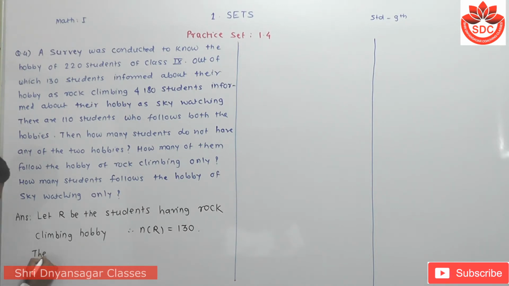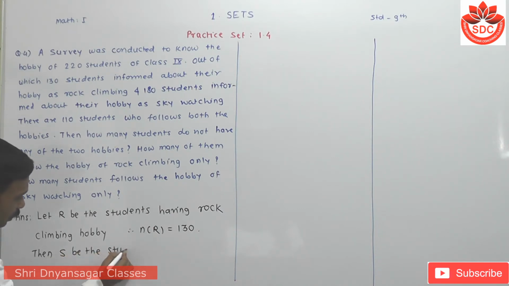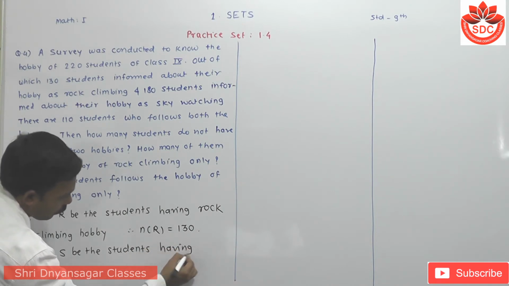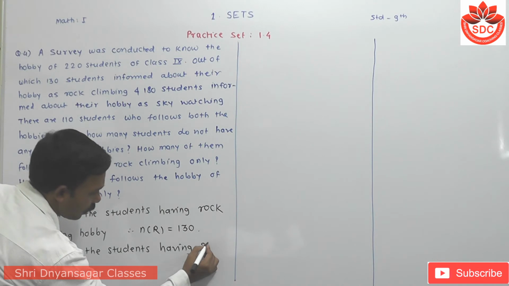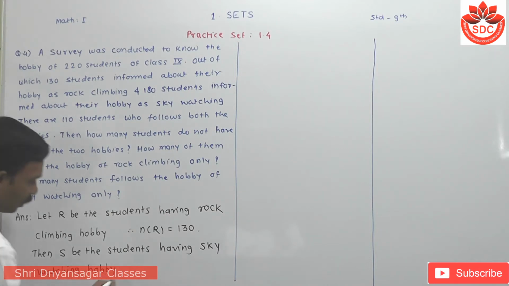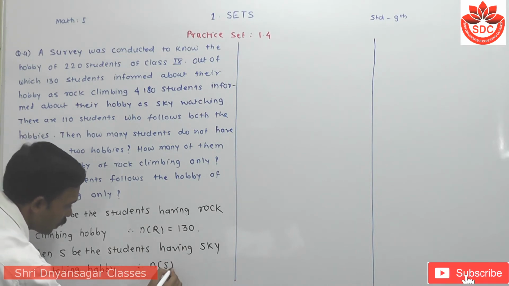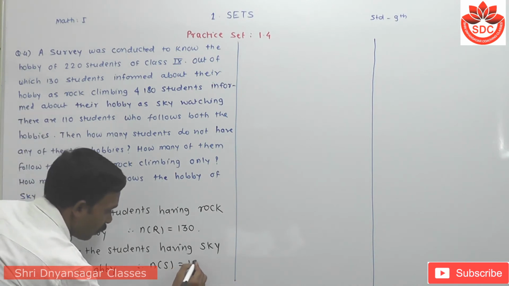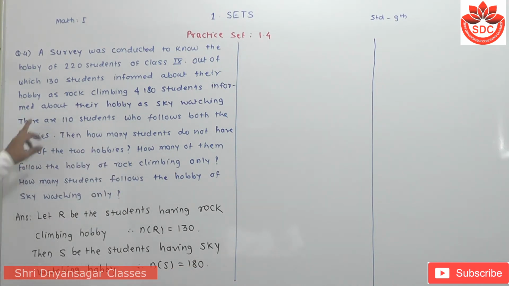Then let S be the students having sky watching hobby. Therefore, n(S) is equal to, there are how many students? 180. Means that 180 students inform that they have the sky watching hobby.